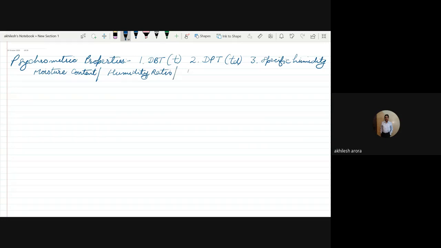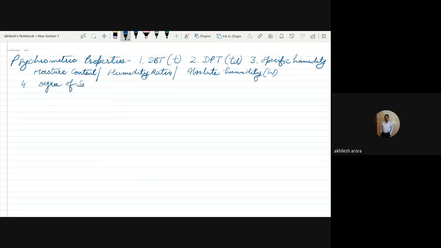also known as absolute humidity. It is written as W. Then the fourth one is degree of saturation.